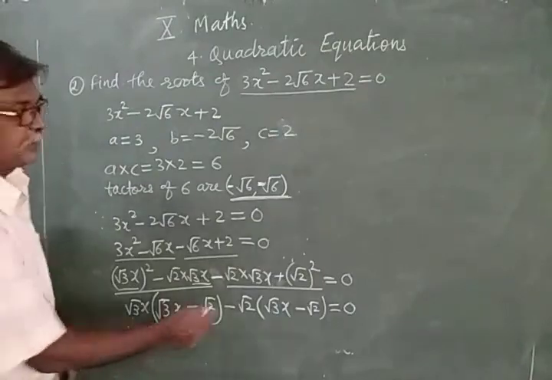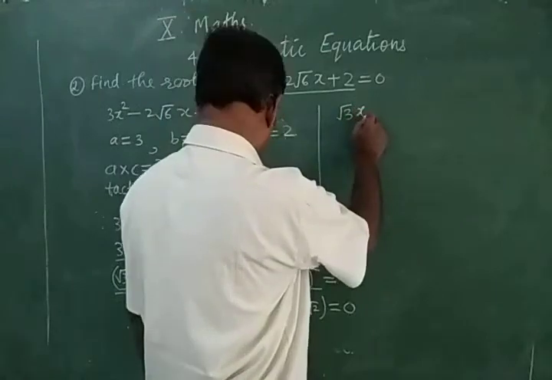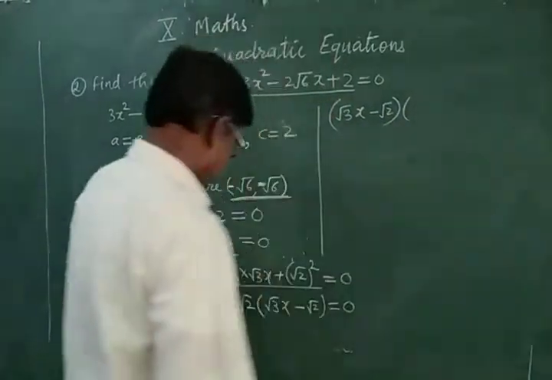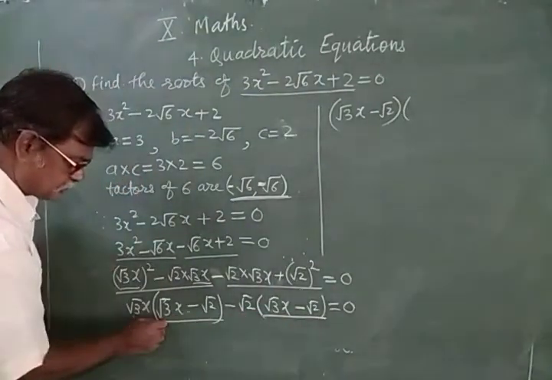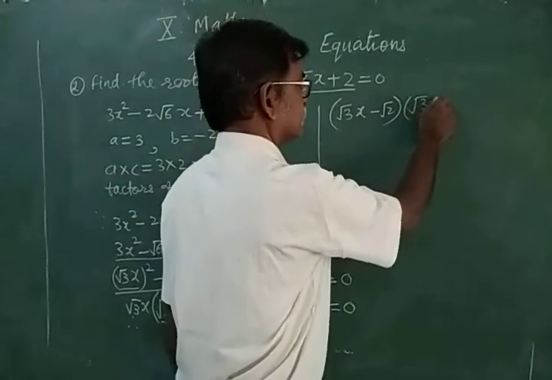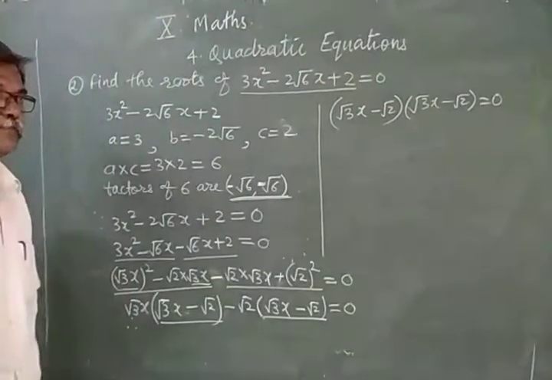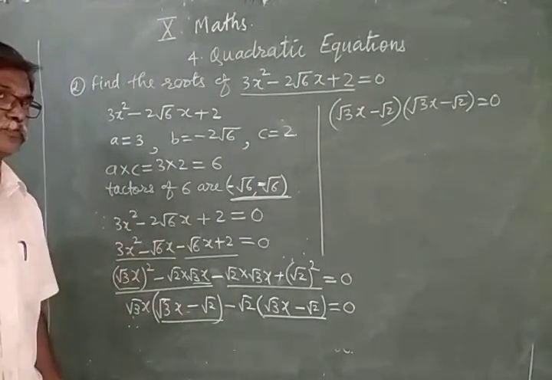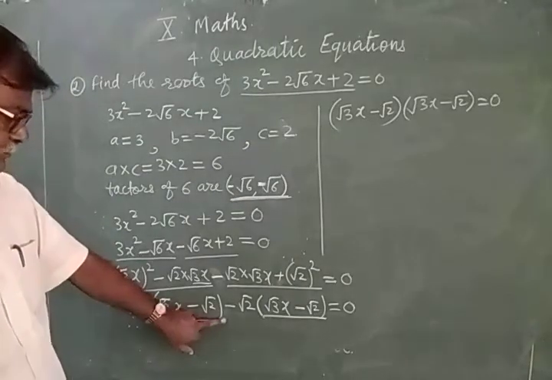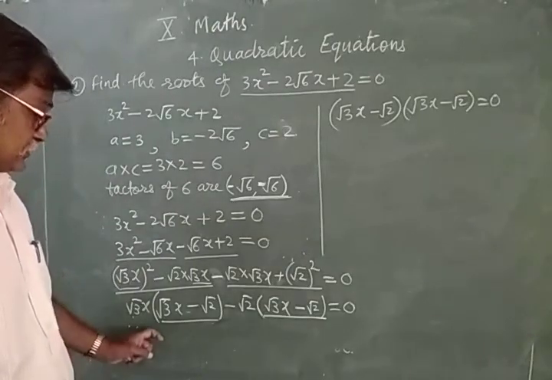Then this will be written as root 3x minus root 2 into, this is common now, root 3x minus root 2. The remaining terms are written in the second bracket. This we have studied in class 8 also. Right? Factorization in the chapter polynomials, factorization of polynomials.